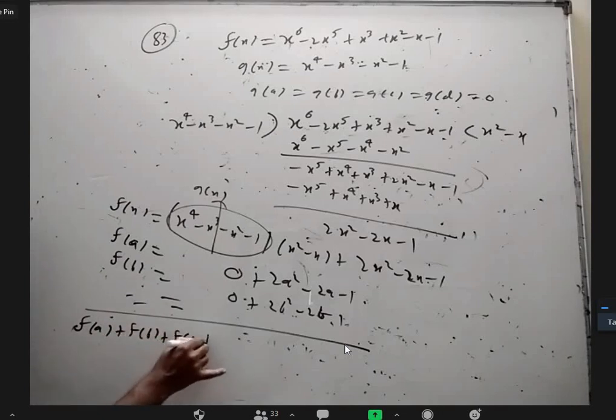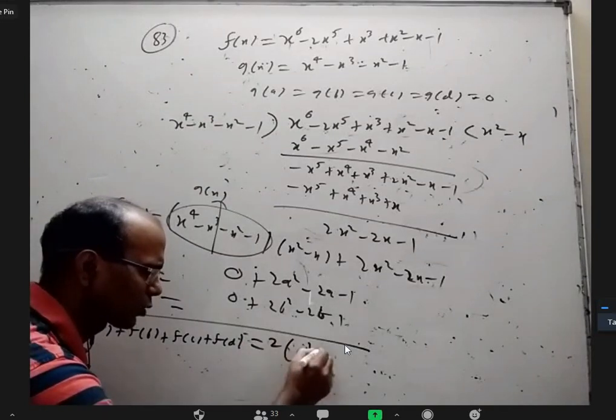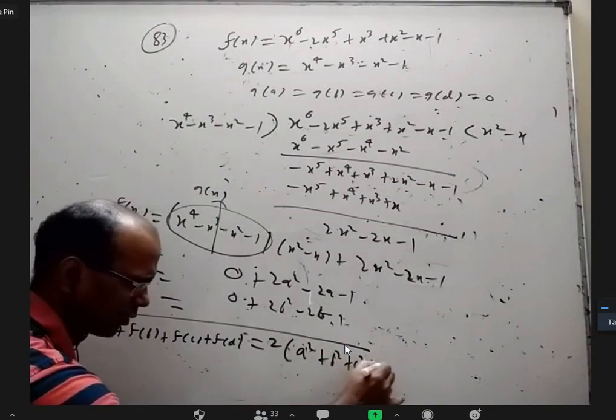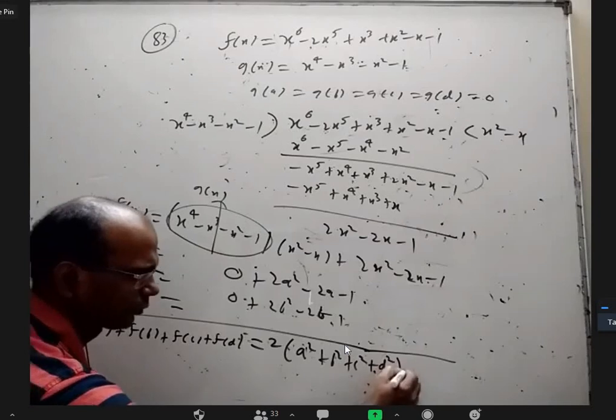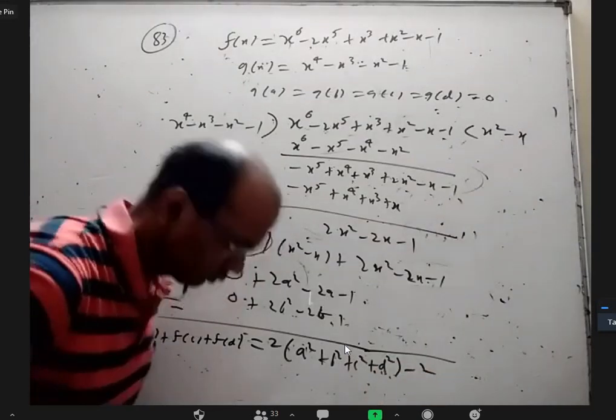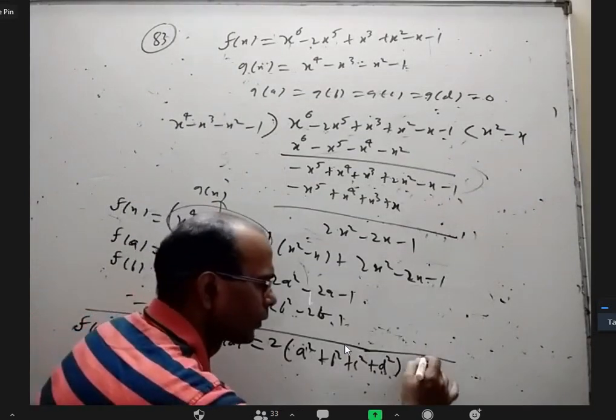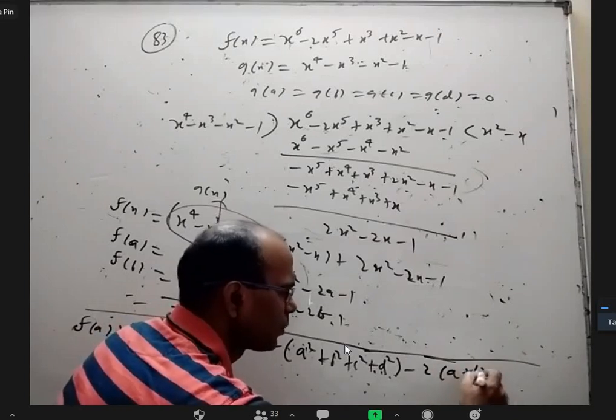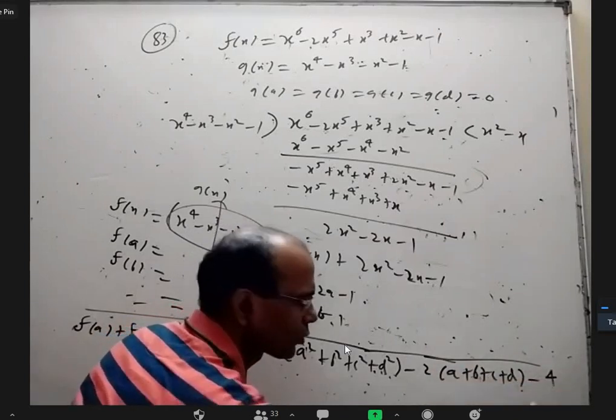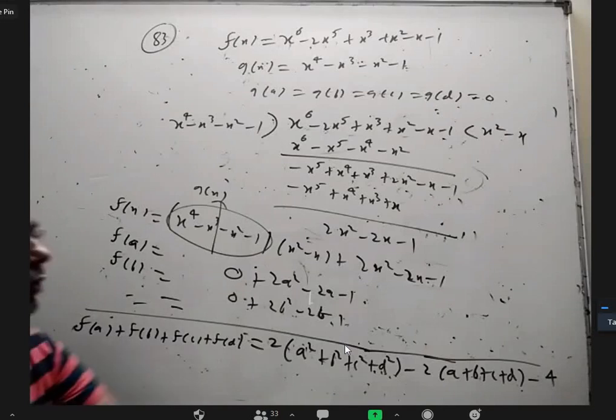So when you add such things, the question was f of a plus f of b plus f of c plus f of d, which is 2 times a square plus b square plus c square plus d square, minus 2 times a plus b plus c plus d, minus 4. Sum of the roots, you know.